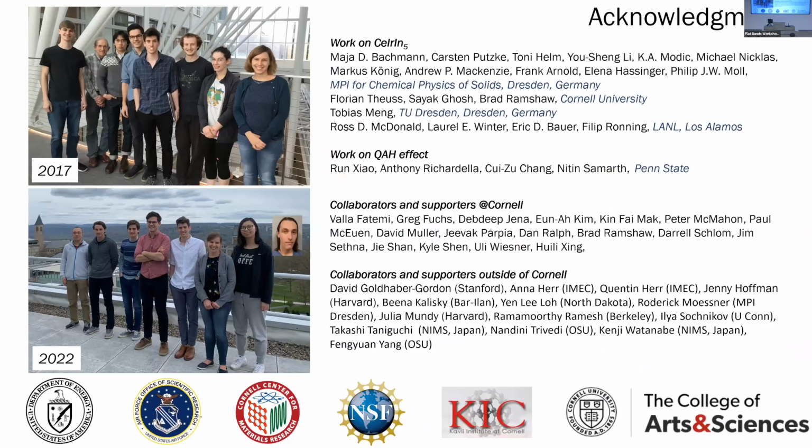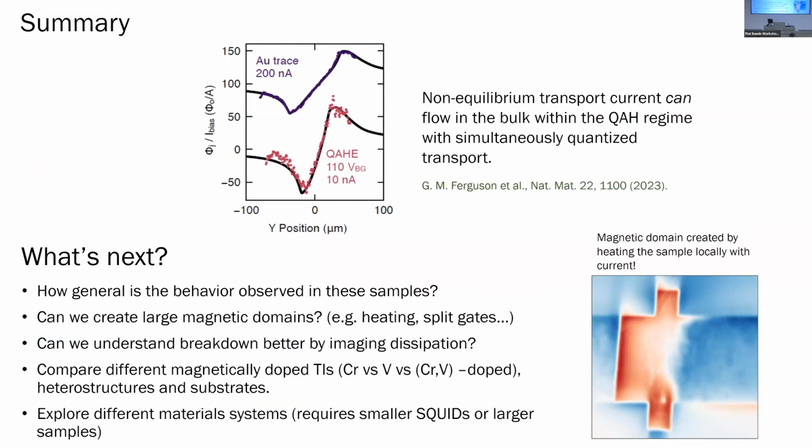I will thank everyone. I want to put up my acknowledgements, especially relevant for this talk. I thank Rune and Nitin for providing us with the samples, and then Matt Ferguson again for doing these beautiful measurements. And then I'll put up my summary and finish here.